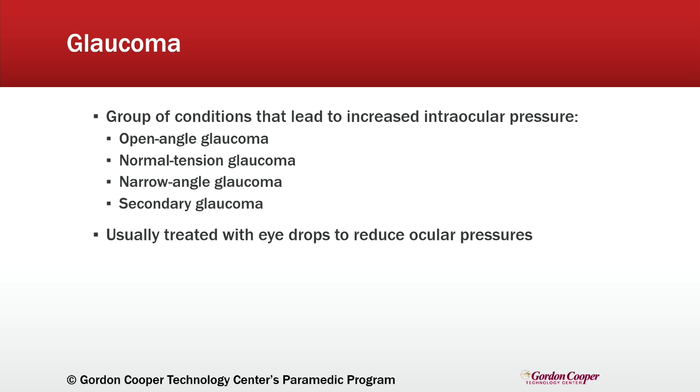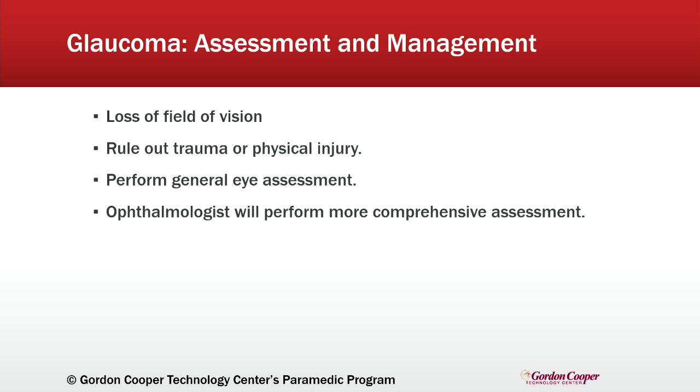It's typically managed with eye drops to reduce that intraocular pressure, but once again, the disease can progress to the point that those things begin to not work as effectively. What a patient will typically complain of is a loss of the field of vision, particularly in their peripheral vision. They wind up with this progressive tunnel vision that can lead to complete vision loss.